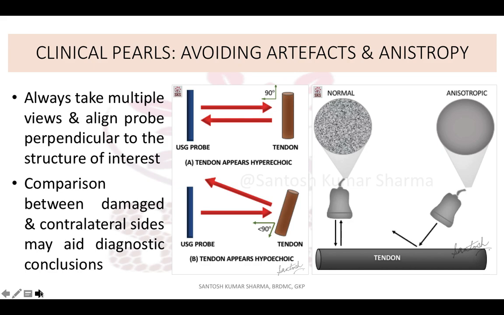Normally, when the ultrasound probe is placed on a tendon at 90 degrees, it appears fibrillar, and this is because tendons are highly reflective. Now, any little manipulation of the probe will lead to a hypoechoic structure which is different from the normal and will be confused as a pathology, and this is what is called anisotropy.